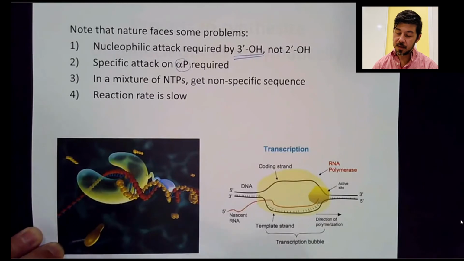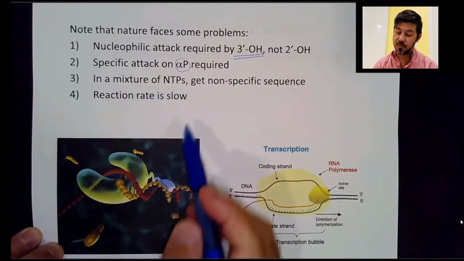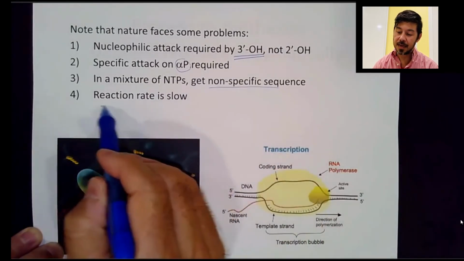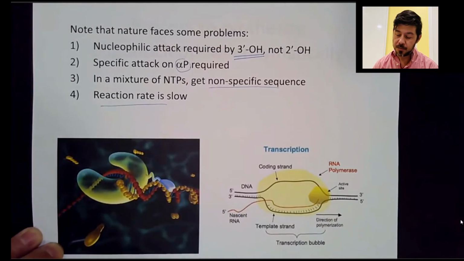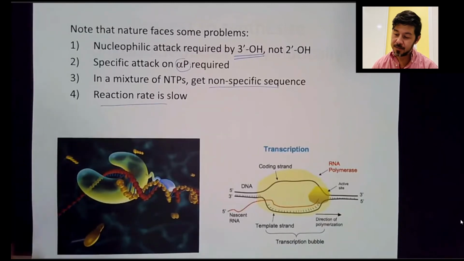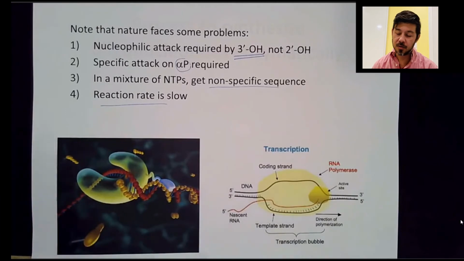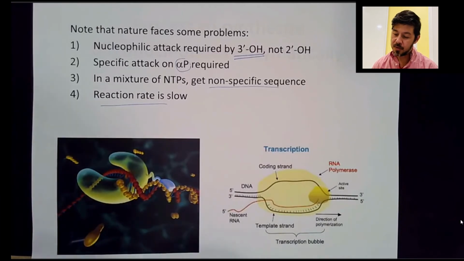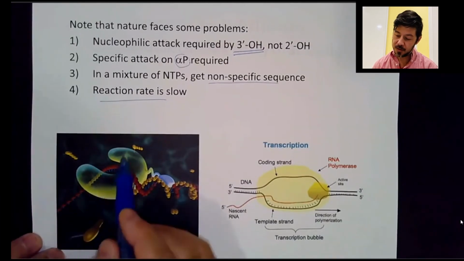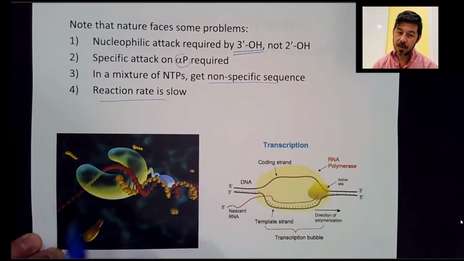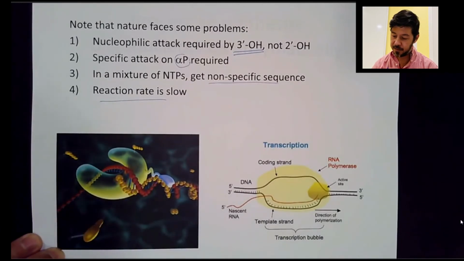And without enzymes, if you have a mixture of NTPs, you would perhaps get a non-specific sequence and the reaction rate is slow. So nature is actually slow in the absence of enzyme, which is good because you don't want to just start getting random sequences, non-specific 2', 3' hydroxyl binding. And then once a polymerase comes into play, which is this Pac-Man looking structure, it's highly efficient and highly specific.